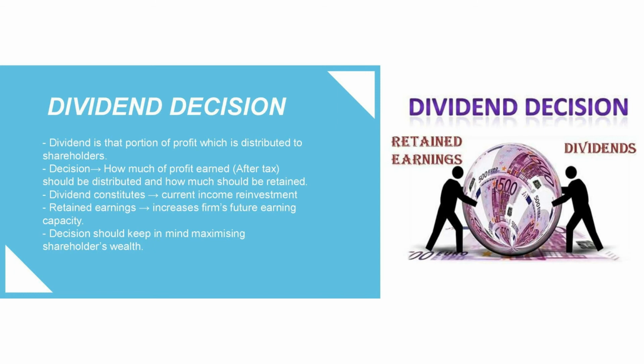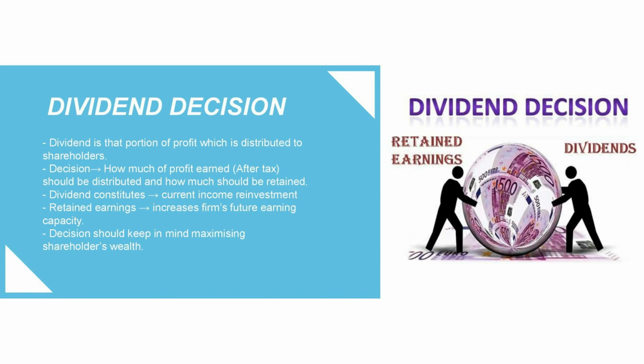The dividend decision for the management of any business organization mainly aims to understand what portion of the profit has to be distributed to the shareholders. The decision is to identify the amount which should be paid to the shareholders in the form of dividend, or whether it should be kept as retained earnings.